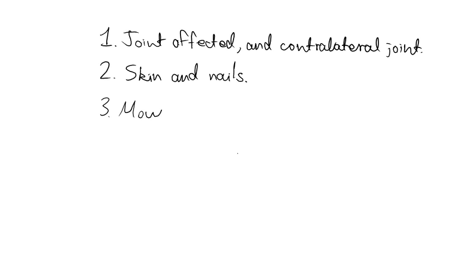Thirdly, and this may look a little bit out of the way, or in left field, we also look at the patient's mouth. And the reason why we look in a patient's mouth is not necessarily to identify monoarthritic conditions, or conditions that specifically affect one joint, but the mouth can be a good indicator of systemic conditions, because a lot of autoimmune conditions and other systemic infections can cause mouth manifestations.